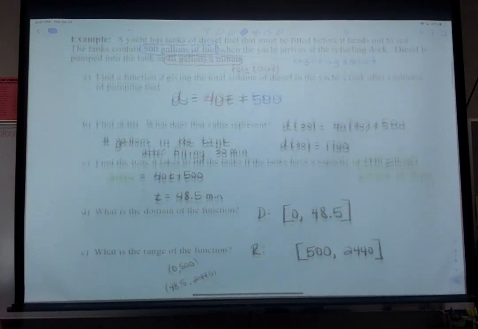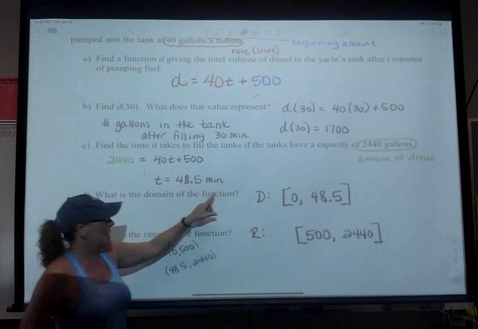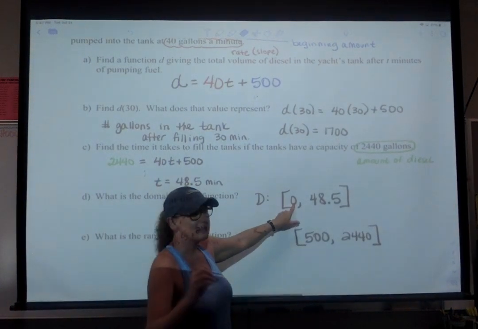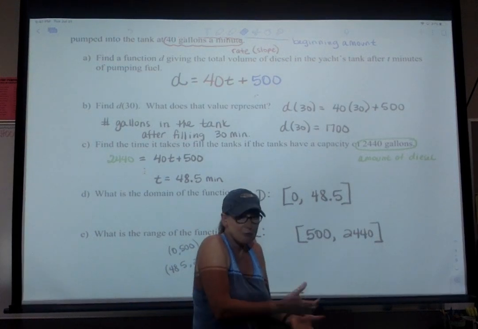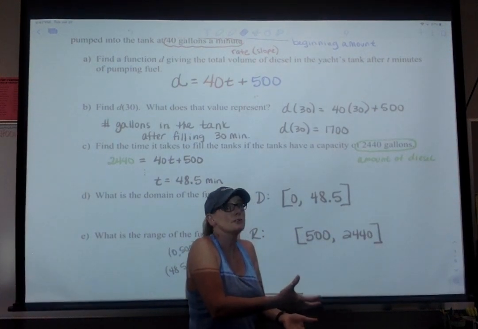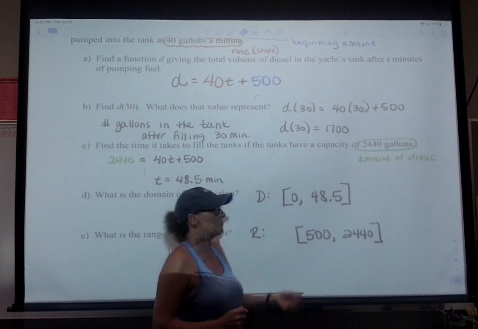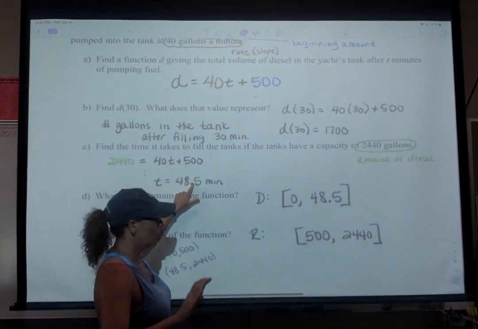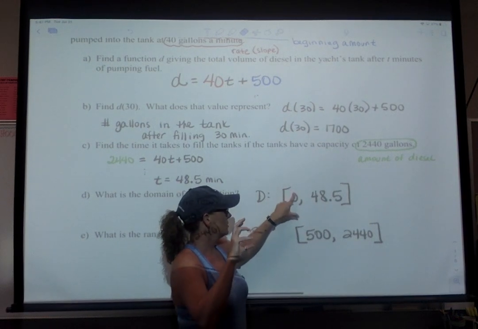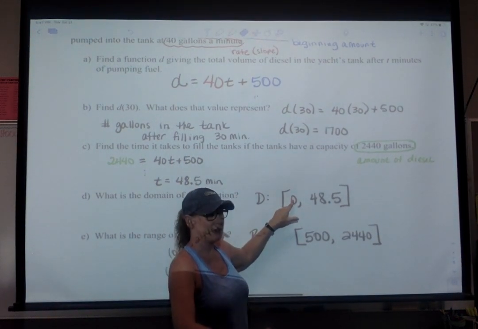So, domain. Start with a time of 0. And then how long can you stand there holding the pump, filling it up? Well, until it's full. And we figured out how long that would take. That would take 48.5 minutes to get it full. So, at time 0, it has 500.